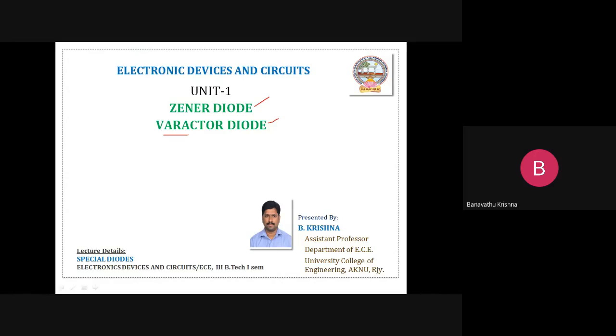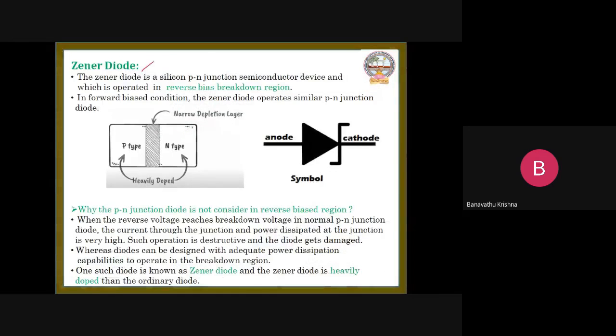Now we want to go with these diodes. So first one is the Zener diode. As I told you, it has heavily doped regions. Let us see here. This is a P-type material and this is an N-type material.